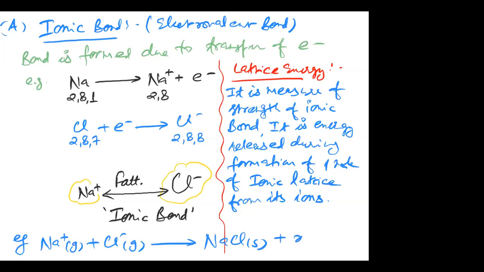And for example, if x kilocalorie per mole of heat is released here, then the corresponding lattice energy is equal to minus x kilocalorie per mole. The negative sign signifies it is always the energy released.